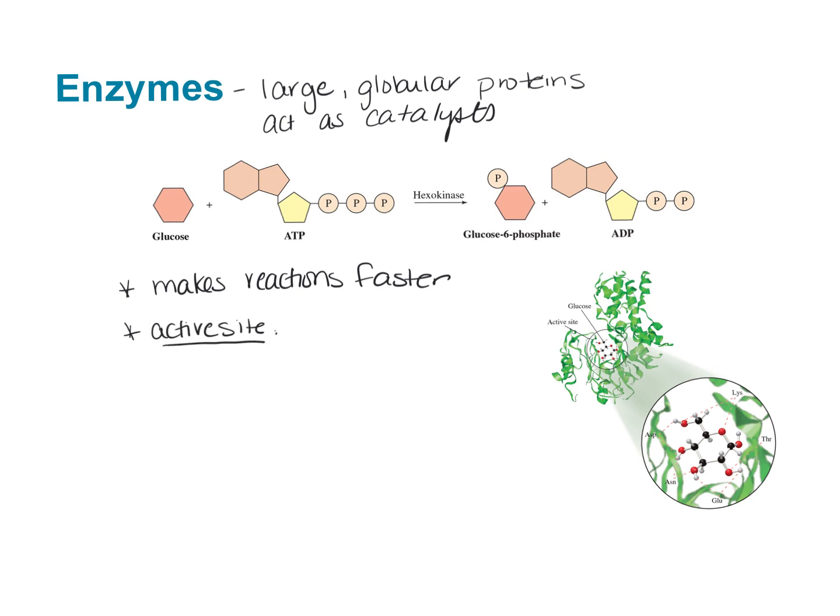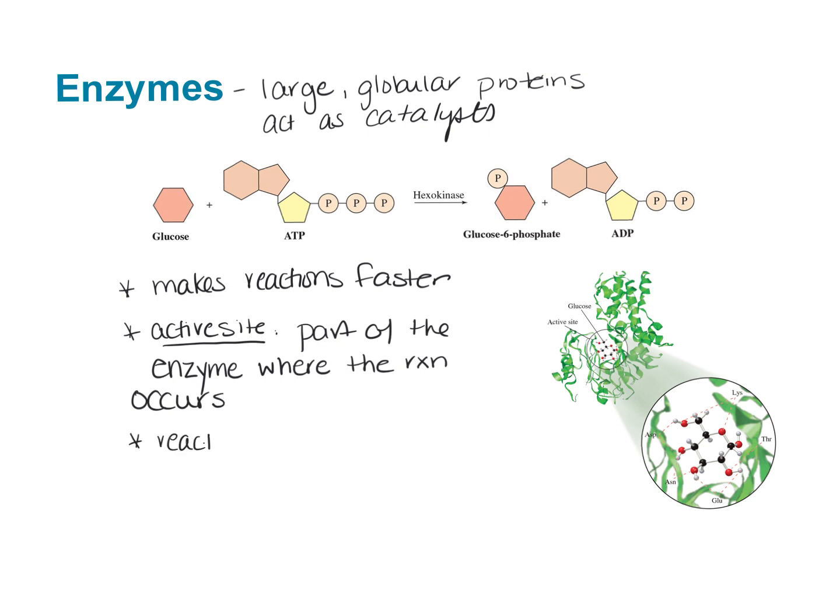The active site is just the part of the enzyme where the reaction occurs. And the reactants here are called substrates. We also have some other players in these reactions too.